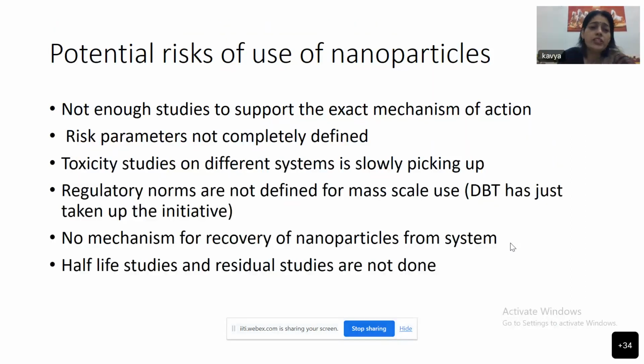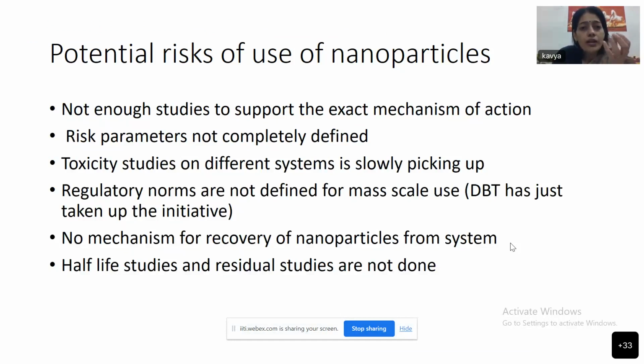Now, what are the potential risks of the use of nanoparticles? The irony is we cannot even call it a risk right now, although in certain measurable parameters, in certain tangible outcomes, in areas like medicine and food, people have started notifying it. But we do not have enough studies to support the exact mechanism of action.